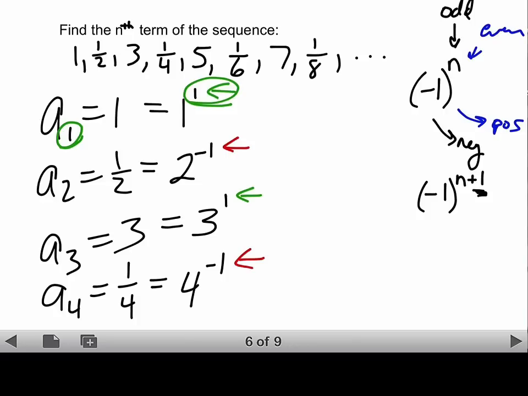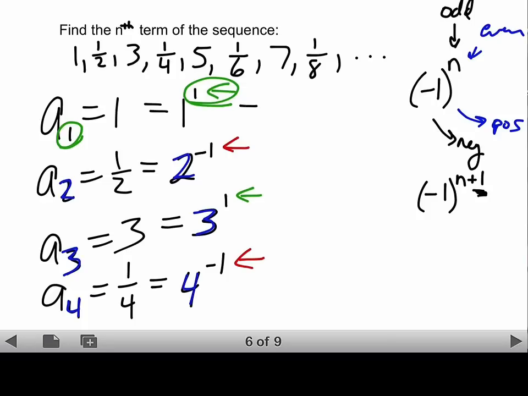Another thing I want to point out is that each time the base that has the exponent that's either 1 or negative 1 matches the index. So a sub 2 has a base of 2, a sub 3 has a base of 3. Likewise, a sub 4 has a base of 4.